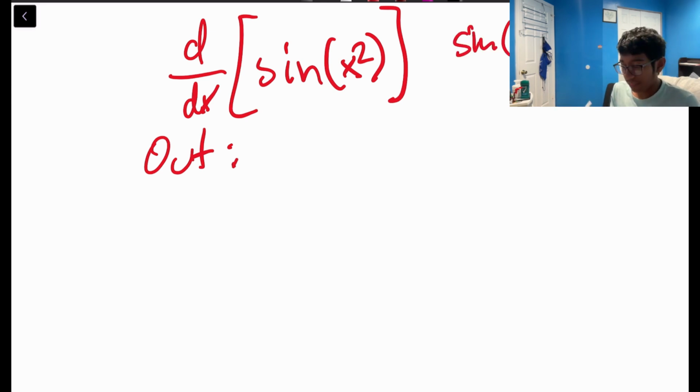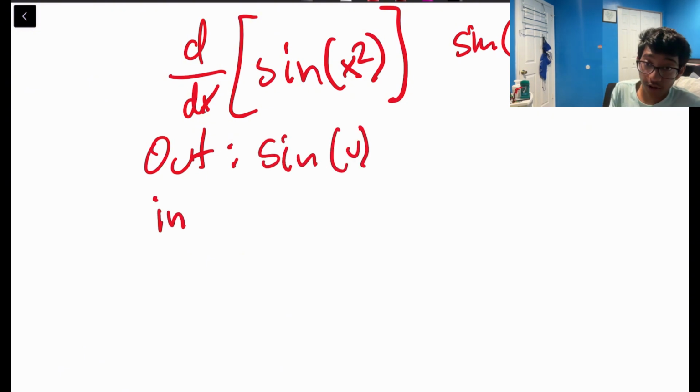We see that sine of u is the overarching function. That's our outer function. And now we have to deal with the inner function, which should be what this u is. So in this case, our inner function is x squared.